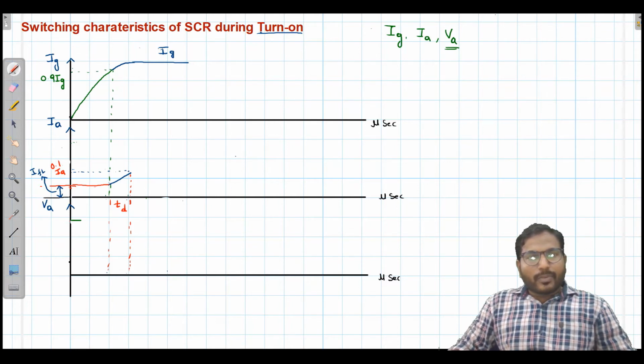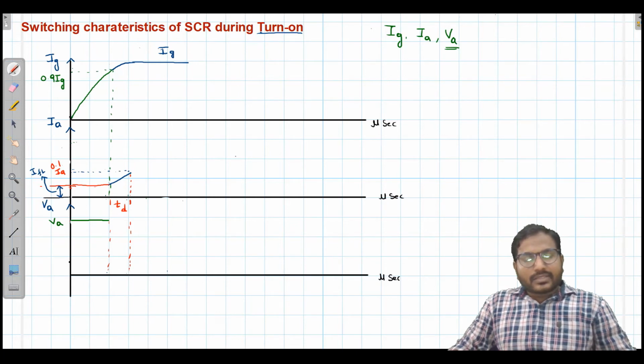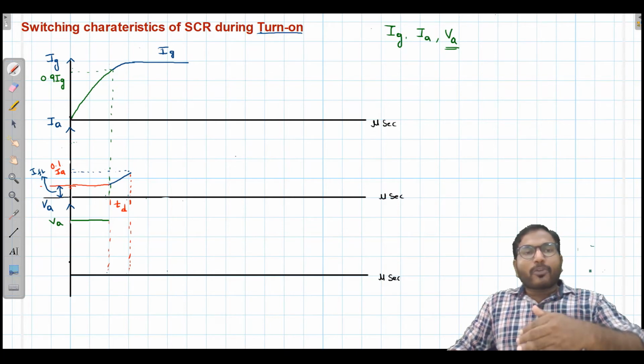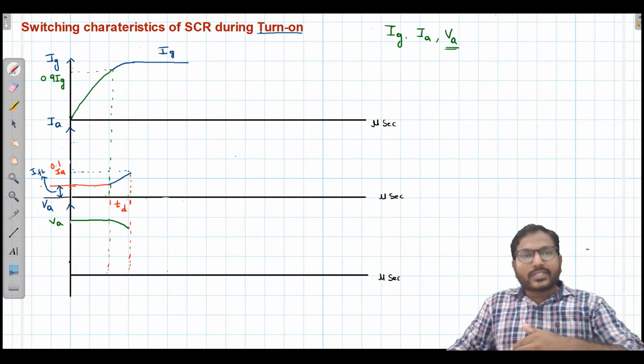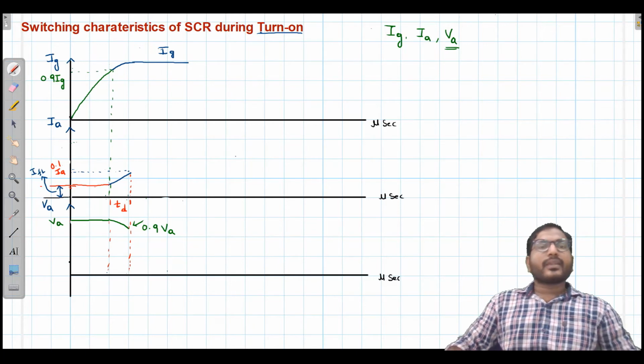The voltage drop across the SCR is maximum, that is equal to anode voltage VA. When SCR starts its conduction, gradually the voltage drop across the SCR will be decreased. It decreased to 0.9 times of its maximum value, right?